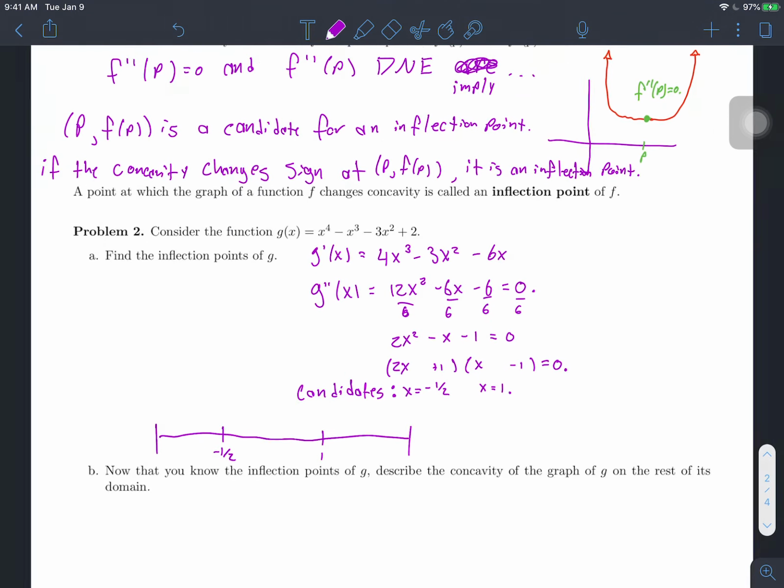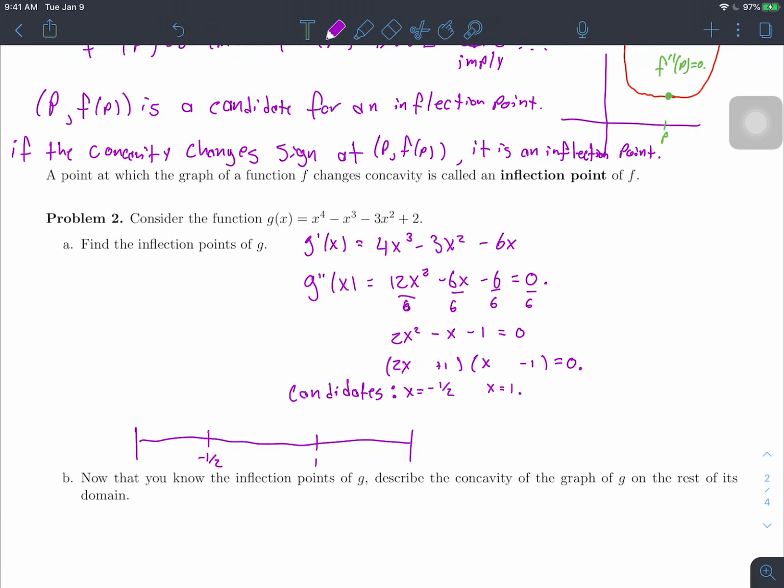Since inflection points are points at which the concavity changes sign, I'm going to check whether or not f double prime is larger than 0, less than 0, equal to 0.